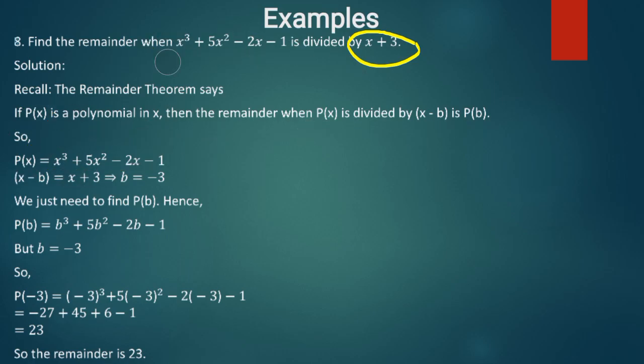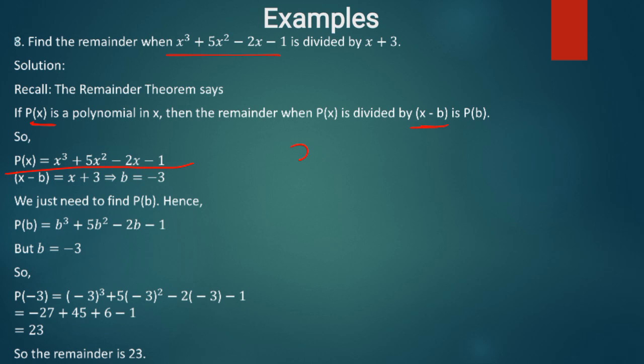We found our polynomial p(x). The remainder theorem states that if you divide it by x minus b, then p(b) will be the remainder.